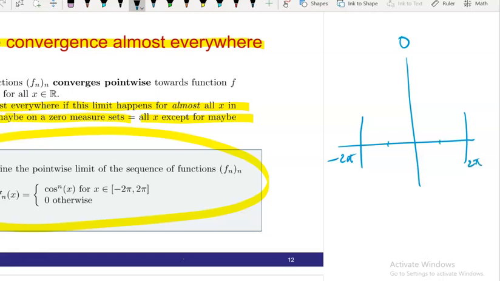And this is for f0, it's just the constant 1 function. But for f1 of x, that's just going to be cosine of x. Okay, that's the one.